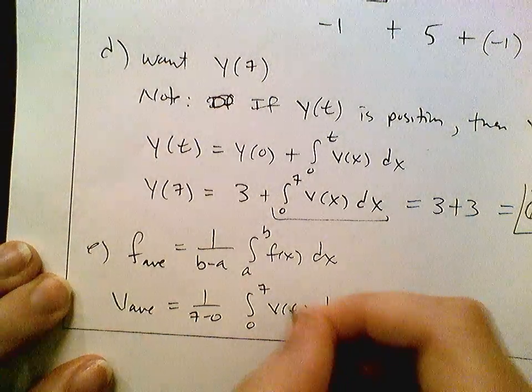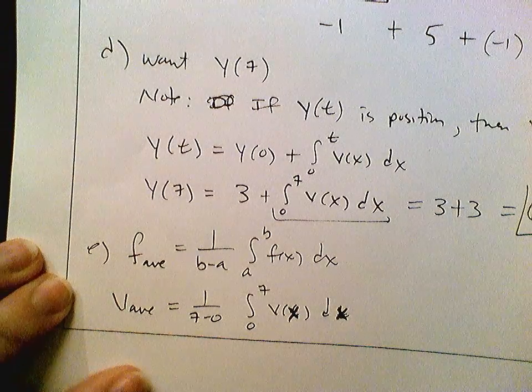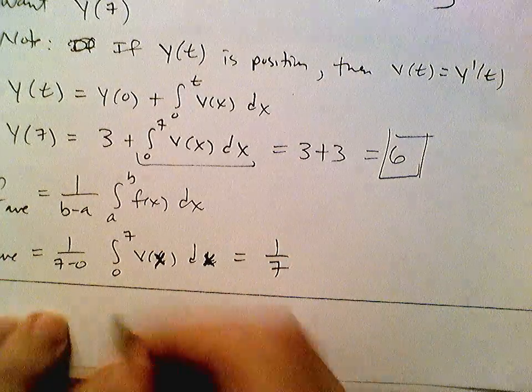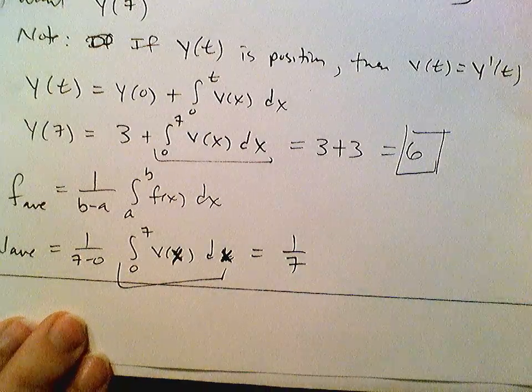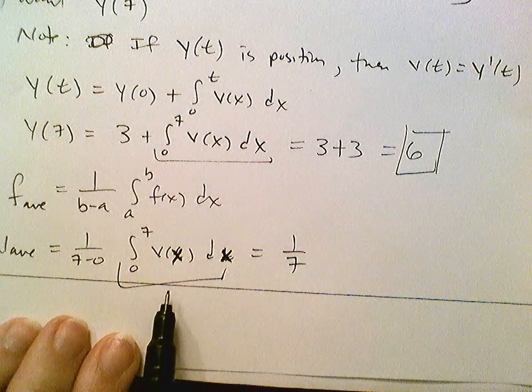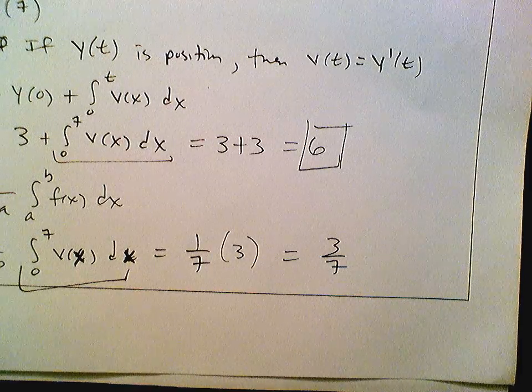Oh, I'm switching; you could use x or t, it doesn't matter. And so this is 1/7 times, and this keeps coming back over and over, we found this in part C, that's 3. So 3/7.